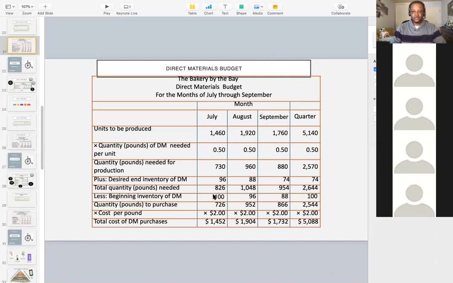We logged it into the quarter because it was the beginning inventory during this quarter, 100 pounds. So we had 100 pounds at the beginning of the inventory. Then when we're logging everything at the end of the quarter, for that area specifically, we log 100 because that's what we started off with.